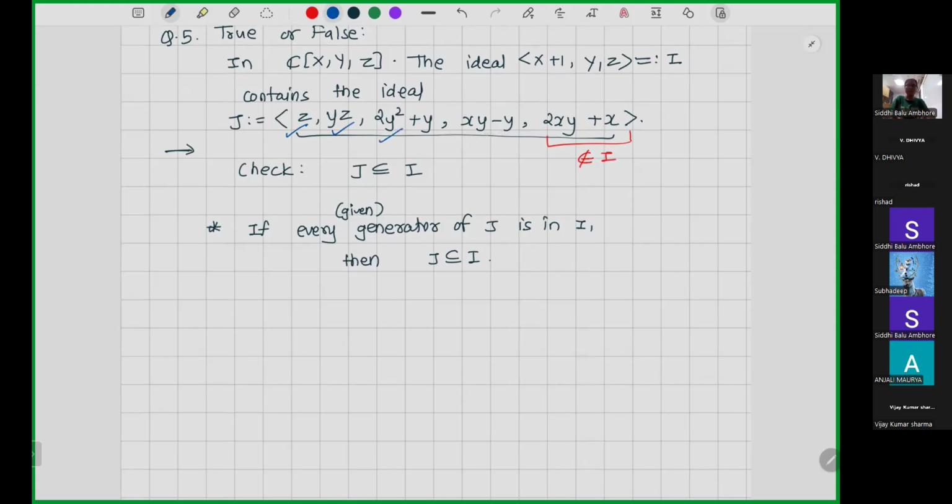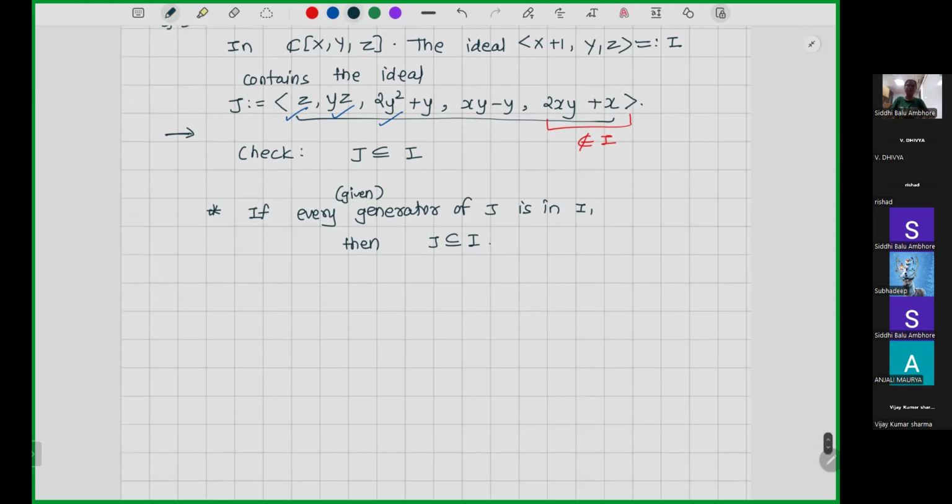And this xy minus y, how can we write this? Okay, let us see. xy minus y. So it is x plus 1 times y, minus 2y.